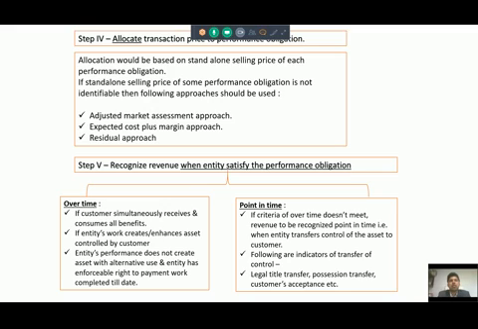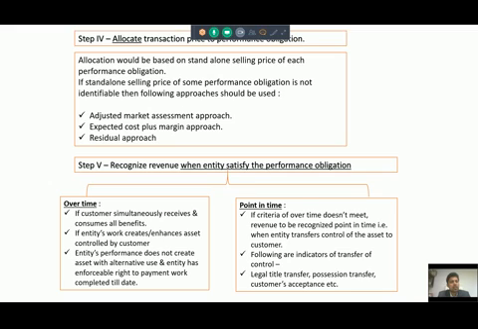For example, in our case, selling a TV is a separate performance obligation, and selling AMC is a separate performance obligation, though we are taking one contract price for both of them. While selling a TV, it is a point in time contract where control is transferred and legal title is transferred. So it is a case of satisfying the performance obligation at a point in time.